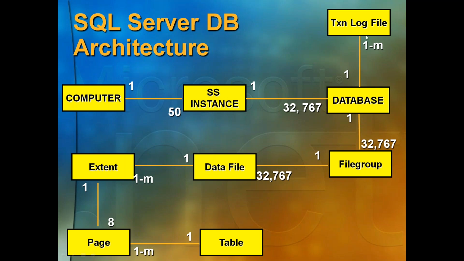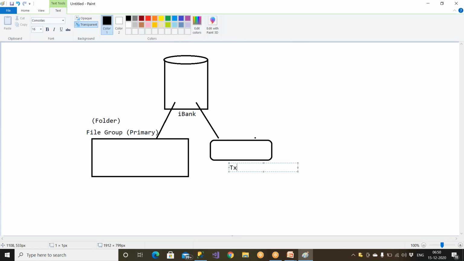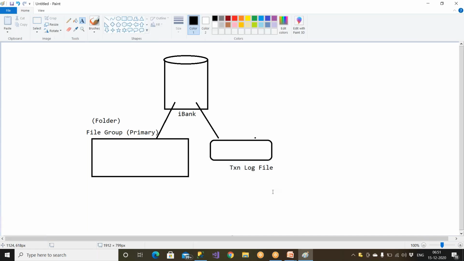And you are going to get one transaction log file. So you are getting one more file. This is a log file. Clear? Let me say this is what is called a transaction log file. We are going to have a path. A file means there is a path, right?